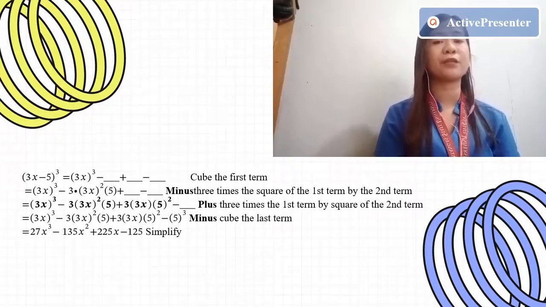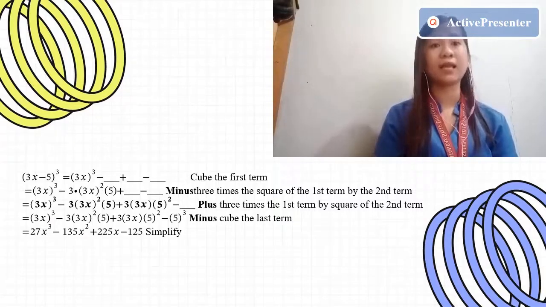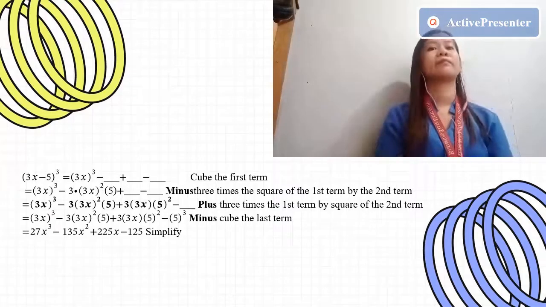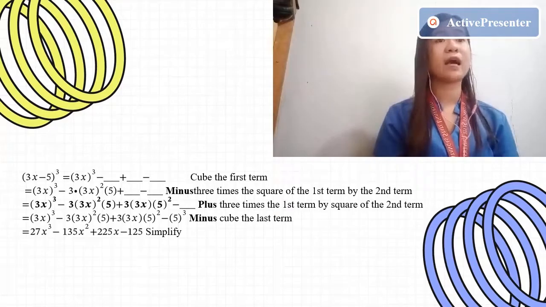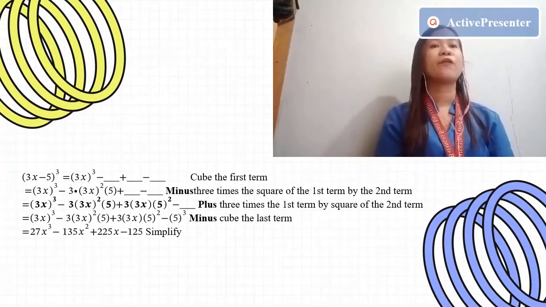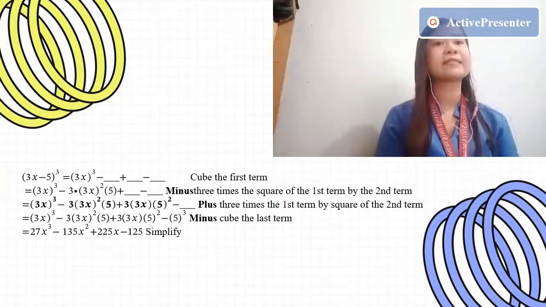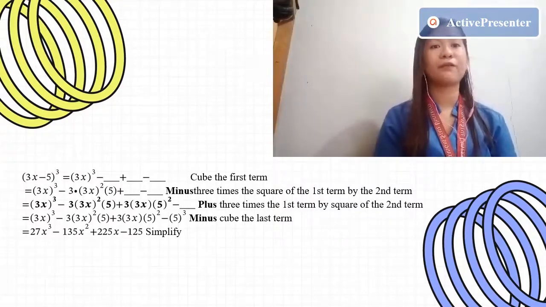The first term is 3x squared, so it is equal to 9x squared times 3 is equal to 27. Then times the second term, which is 5. We have 135x squared.